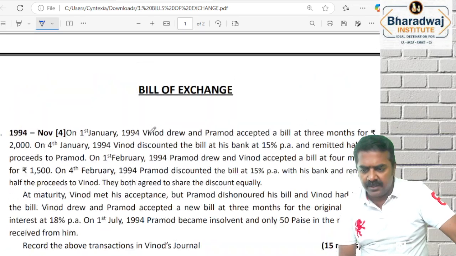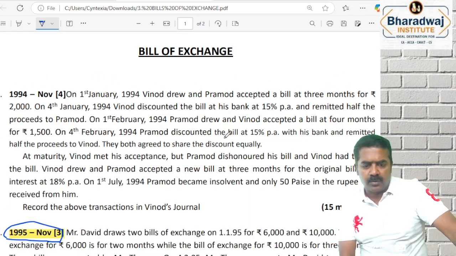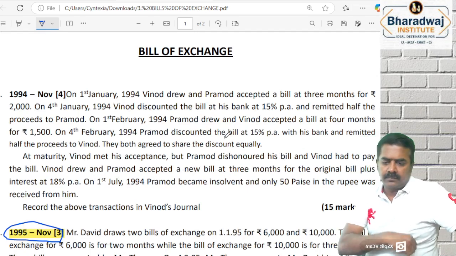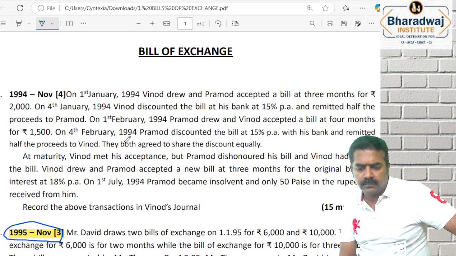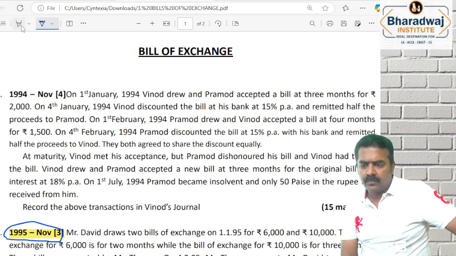Have a heading, accommodation bill. Question number 1. Read the first paragraph.